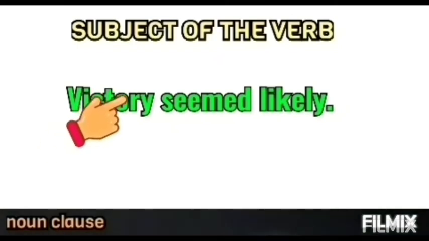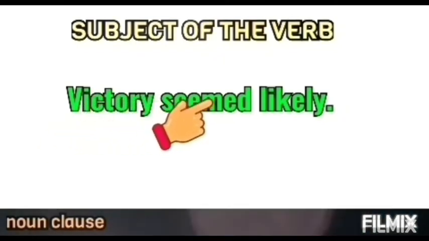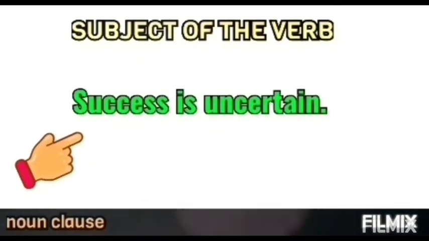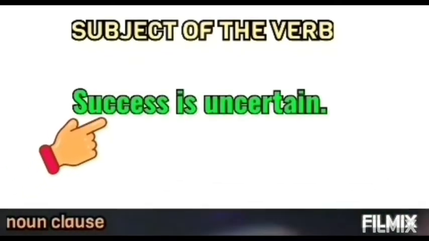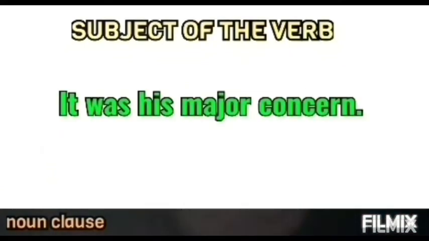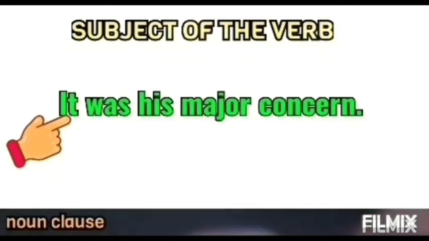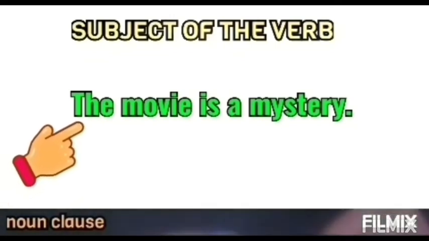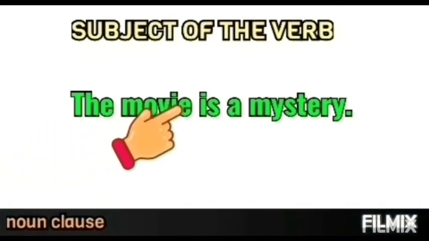So victory is the subject of this same, because we are talking about victory. Success is uncertain. We are talking about success, so success is the subject. It was his major concern. So it is what we are talking about, so it is the subject of this was. The movie is a mystery. So we are talking about the movie, which is the subject of this is.